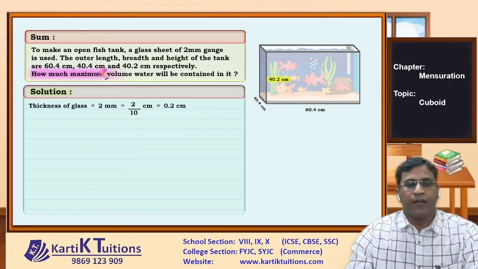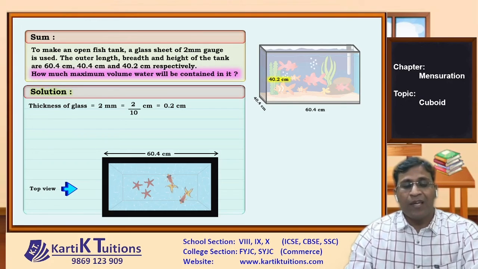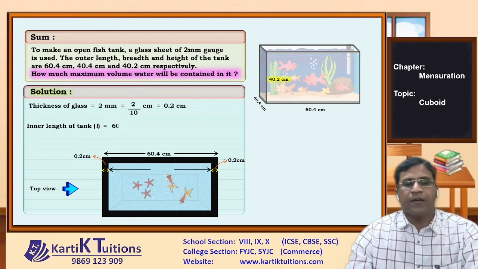Now after this, see, have a look at the top view of an aquarium. Now here, when we talk about length, the outer length is given to us 60.4, but because of thickness, the inner length gets changed. Now thickness is given to us as 0.2 centimeter, right? So basically the inner length will become 60.4 minus 0.2 minus 0.2.